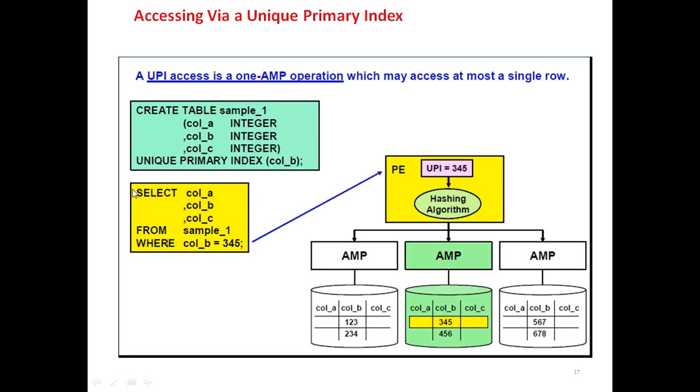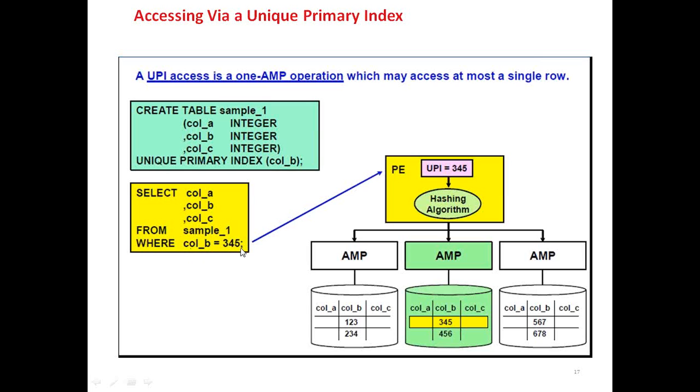Now we are trying to retrieve the data from the table. I select columns from the table and use a where clause in my retrieval, using my primary index in the equality condition, where column B equals 345. So while retrieving, I'm trying to retrieve the row with primary index value 345.